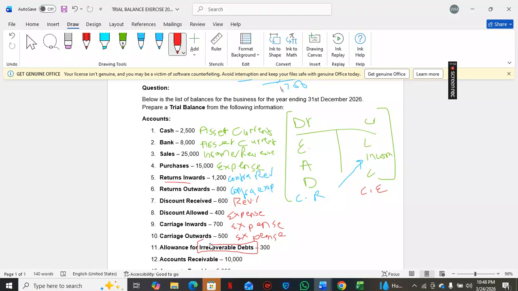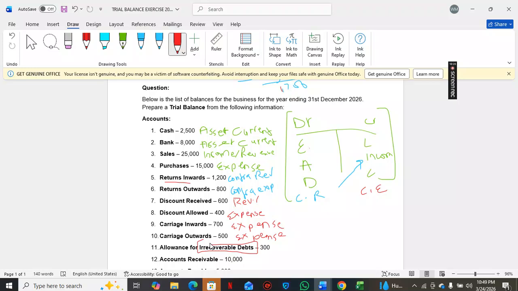It's a contra asset because when you're running a business on credit basis, we need to create an allowance for irrecoverable debts, meaning that we might not recover all of our monies. That's correct. The monies that we provision, it reduces the asset. It reduces our assets. That's why it's a contra asset.